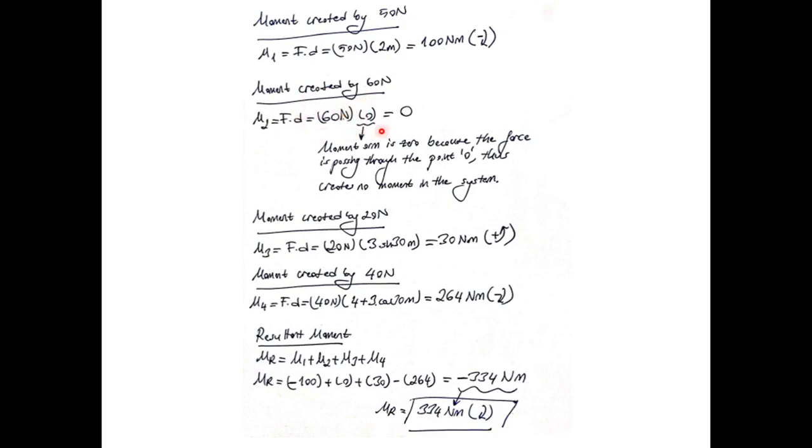So the moment arm in this case is 0, so the moment created by 60 newtons is 0. An explanation: moment arm is 0 because the force is passing right through the point O, and thus creates no moment in the system because the perpendicular distance from the force to the reference point is 0 in that case.